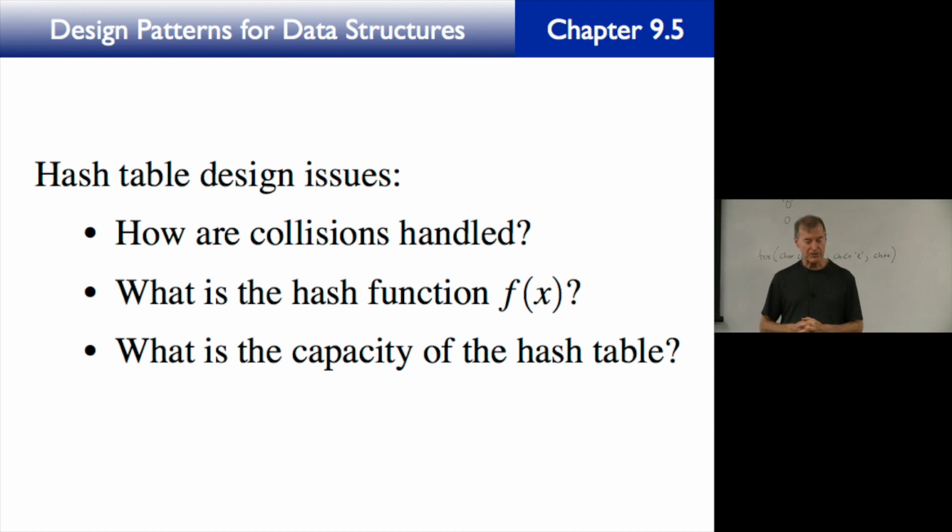And the third question is, what is the capacity of the hash table? Some of these things are interrelated. There are trade-offs with how you set everything up depending on your application when you use a hash table. So we're going to look at some of the trade-offs and issues involved in these three things.